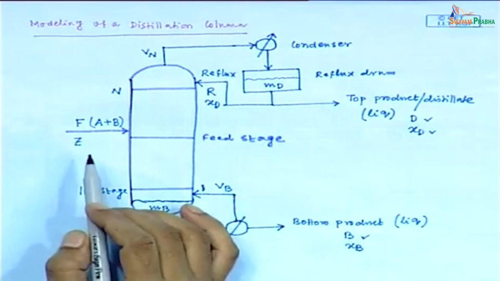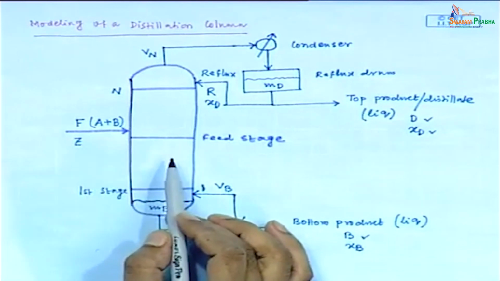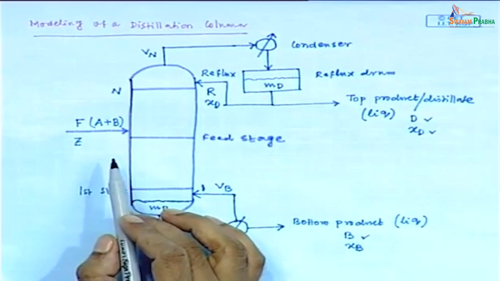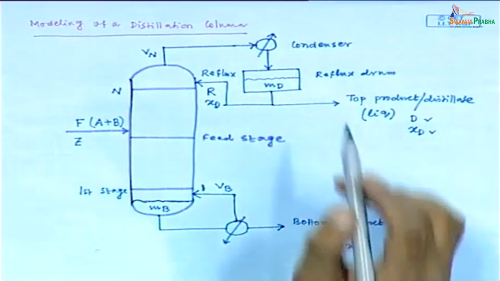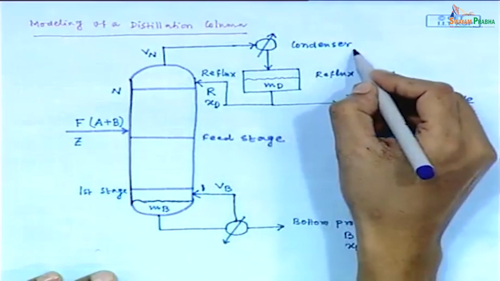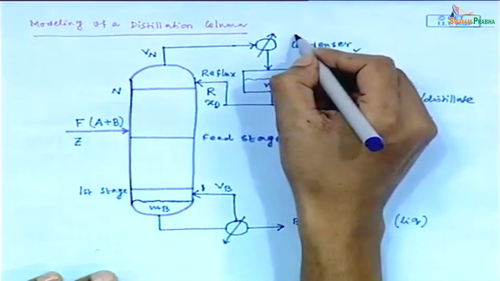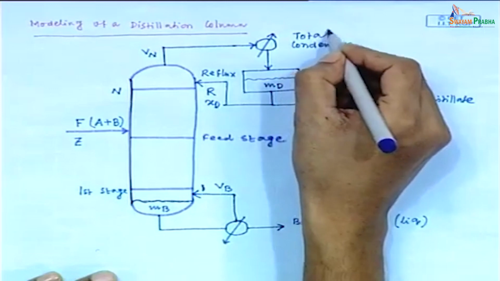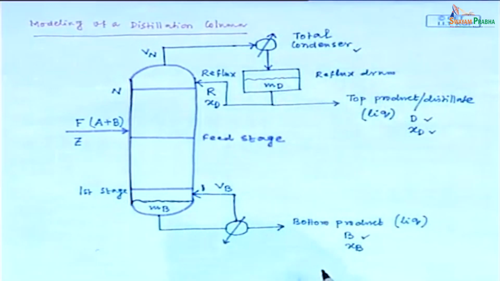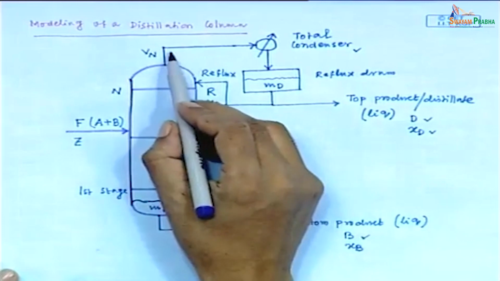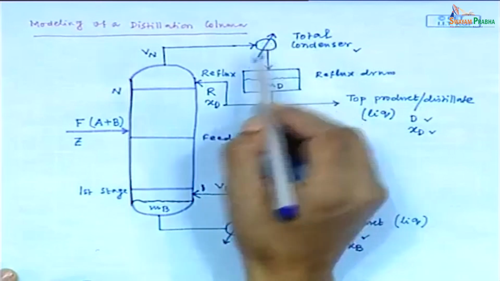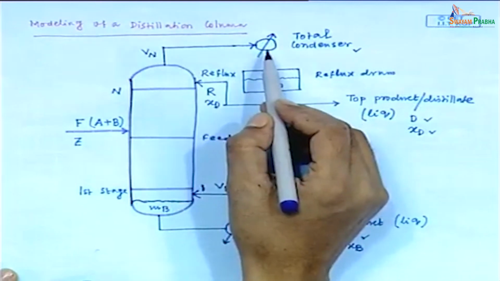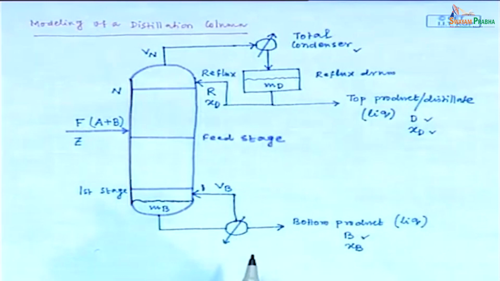So, we are basically introducing to this column a single feed stream and we are getting two products, top product and bottom product. Now, this condenser is basically a total condenser, because the overhead vapor entering the condenser is totally condensed.